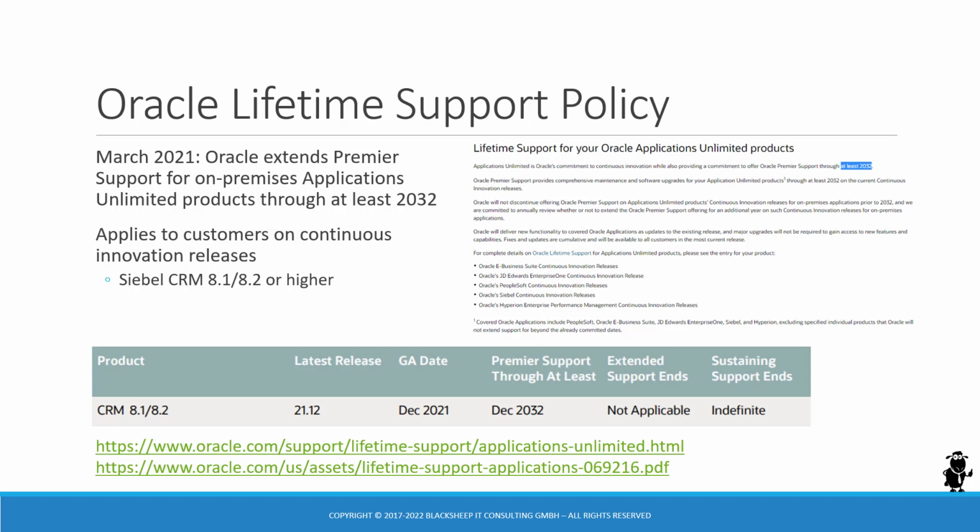So the current information available on that website at the time of this recording, where the latest release was 21.12, but applies of course as well to 22 and later releases. And we can expect Oracle to continue with that extension of Premier support every year by 1 year, as they announce on the website.